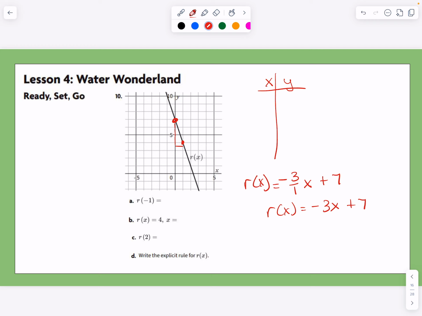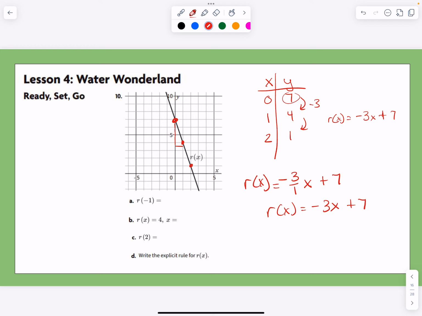If I was to take the points along the line, and I have lots of points to choose from, I could do a point at 0 and 1 and 2. At 0, we are at 7. At 1, we're at 4. And at 2, we're at 1. So I can see that we are subtracting 3. So my r of x is equal to our rate, negative 3 times x, and then our first value, plus 7.